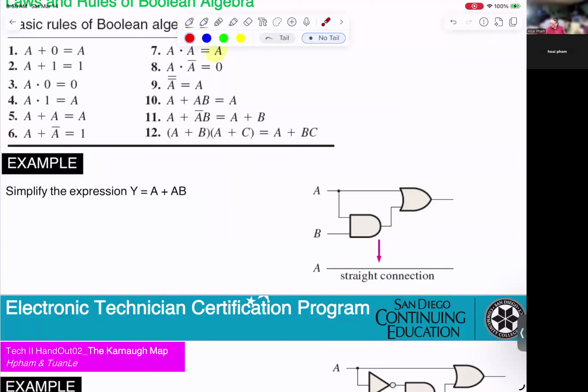Okay, so the circuit, you can see this is A, this is B, and the output here will be A and B. So the output Y equals A or A and B. Okay, then this is the circuitry coming out from Y equals A or A and B.